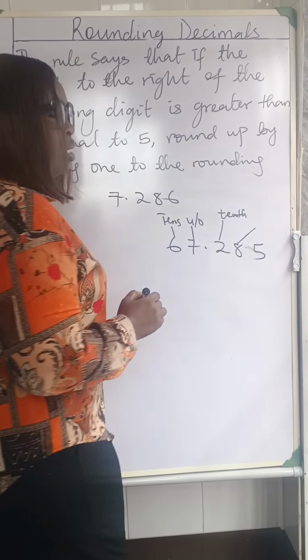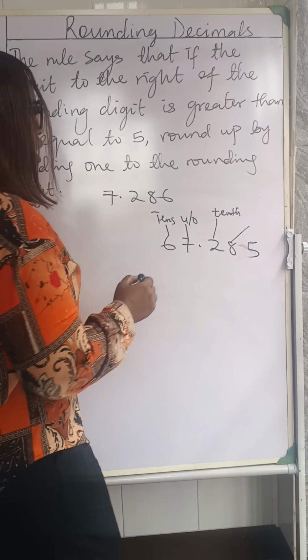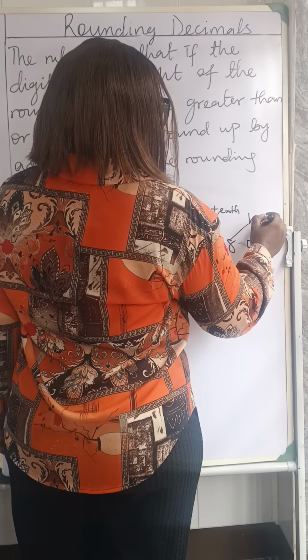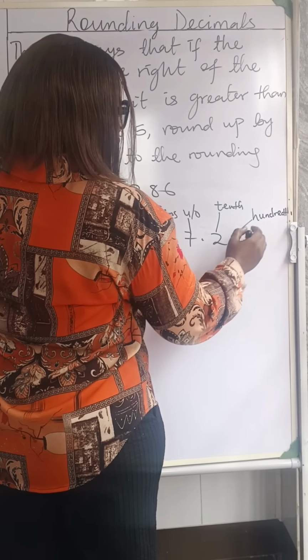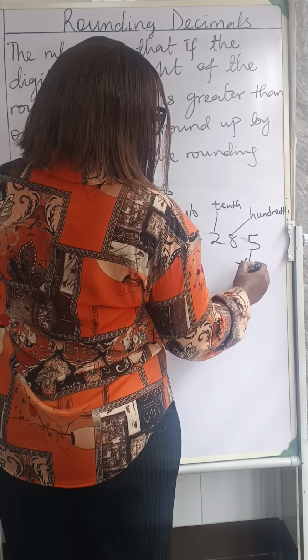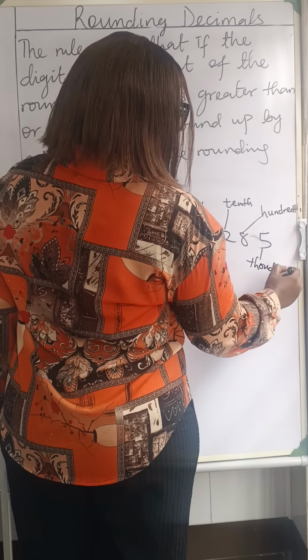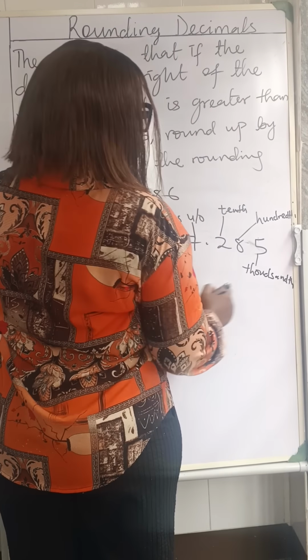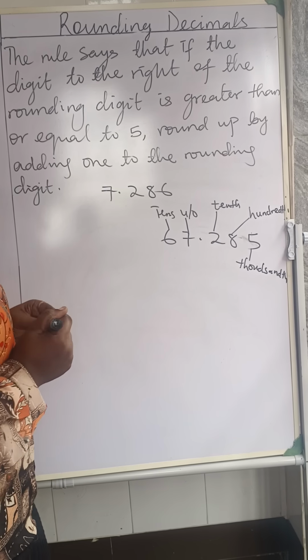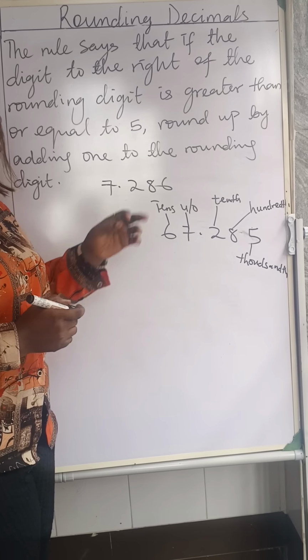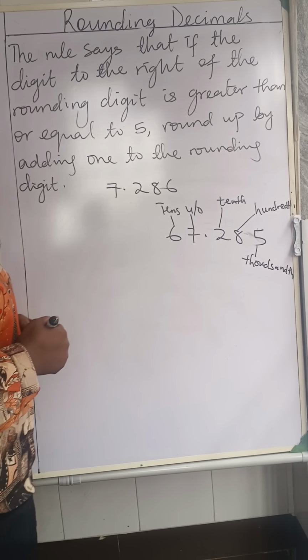Then we look at this 8 here. The 8 is our hundredth, and this is our thousandth. Now, let's go back to the question that we want to solve. We have 7.286.